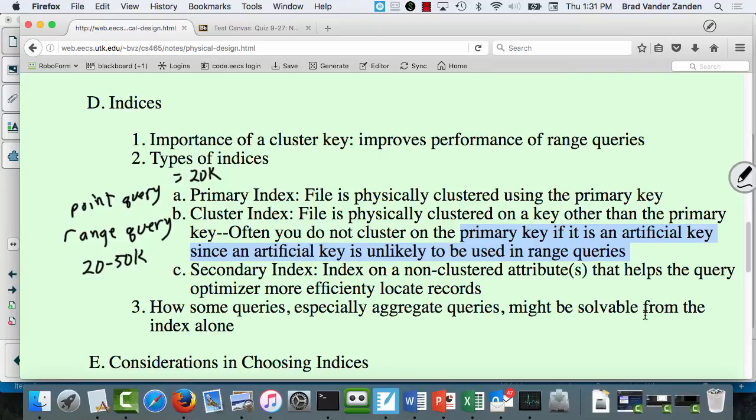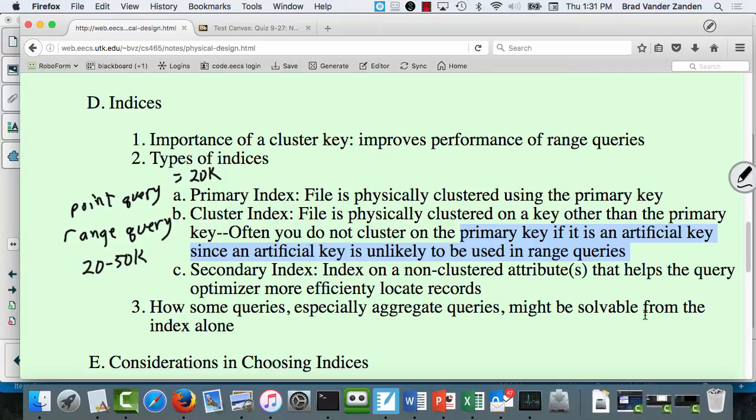How often are you going to do a range query on an artificial key, like Social Security number? Do we really care about all the security numbers between 0 and something? Greg's shaking his head. Right. It makes no sense. What we're going to be doing our range queries on are things like salary, or in a race database, I used to be a runner, race times.